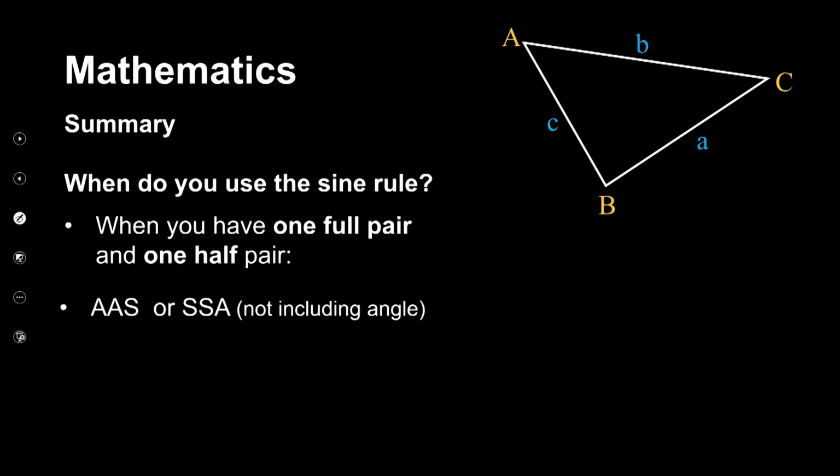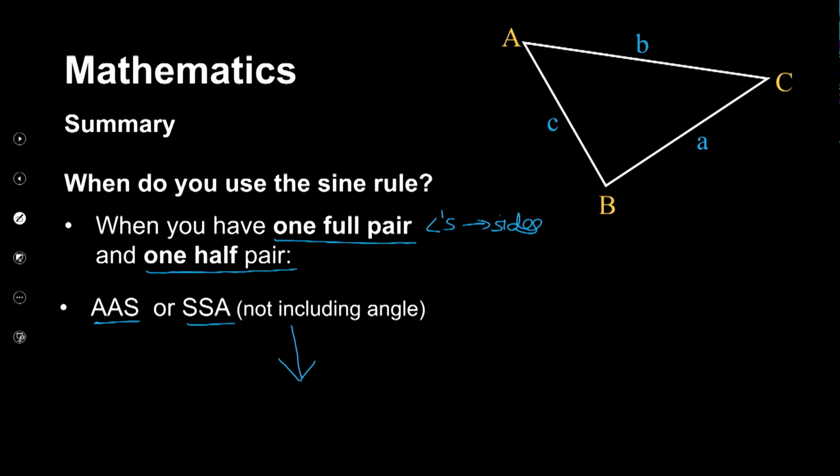We use the sine rule when we're given one full pair, in other words, an angle and the matching side across from it, and when we have one half pair. So we can use the sine rule either when we have angle, angle, side, or when we have side, side, angle. But remember, we don't use the sine rule if we have the including angle.